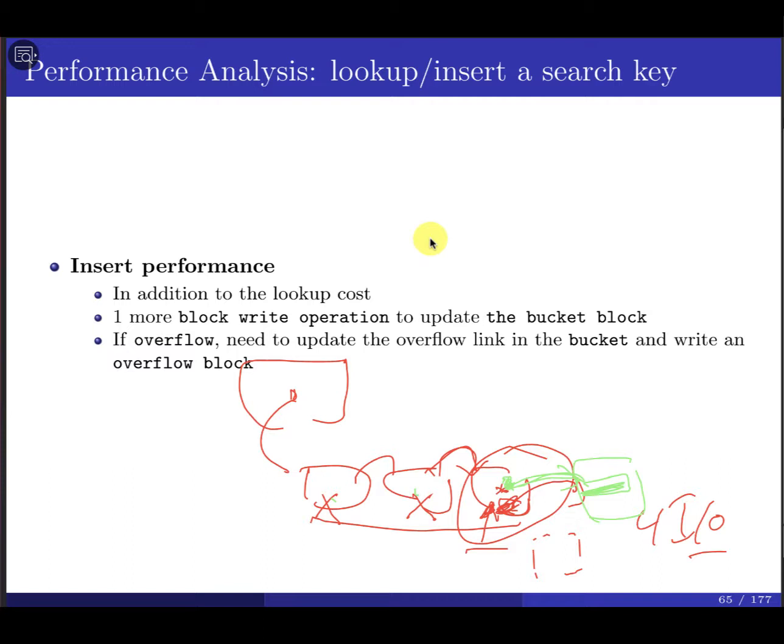Identify the end, create another one. That's not going to cost me anything here. I update this block and this block. That means we end up with 1, 2, 3, 4, 5 disk input output operations in order to store the item in the place. So we don't like overflow, okay? Because overflow is going to cost us and affect the overall performance.